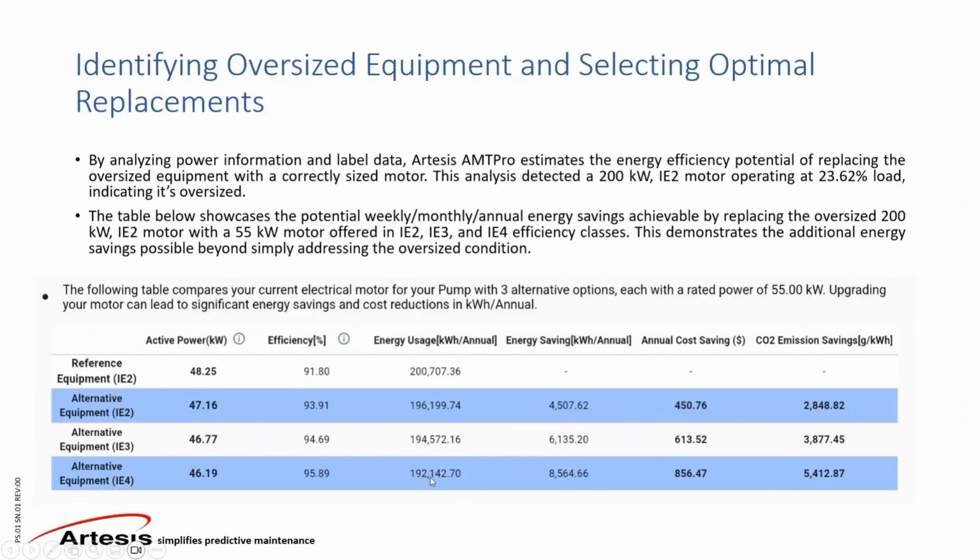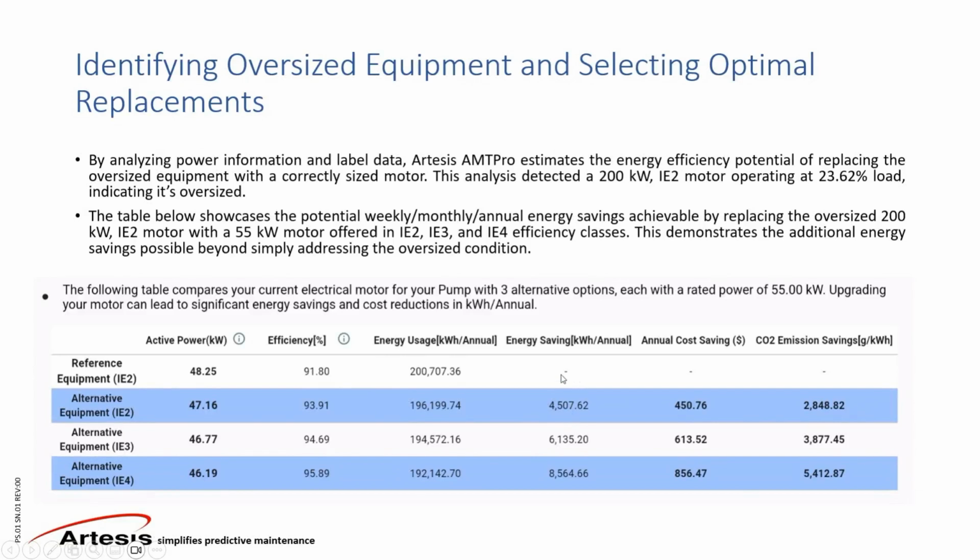And all this will not be just suggestions, but you will actually see the calculations, the energy usage of the new system, the alternative equipment that the system suggests to you, which will be several different efficiency classes. Our reference equipment was the 48 kilowatt active power consumption, but this is the energy usage. If you switch from this one to this, you can see that the annual energy consumption will drop 4,000 kilowatt hour per year.